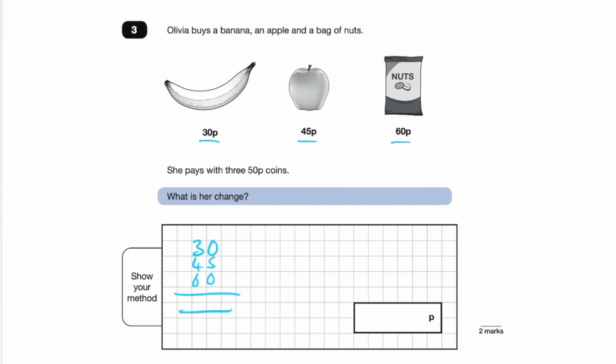Starting with our units, 5 plus 0 is 5. 3 plus 4 is 7, plus 6, 13. So I have 135p that's been spent, or £1.35. But it wants to know how much she has as change. And she paid with 3 50p coins. Well, 3 times 50 is 150.